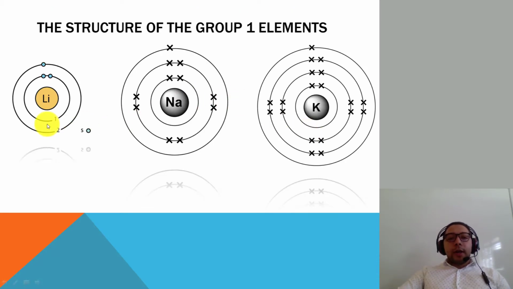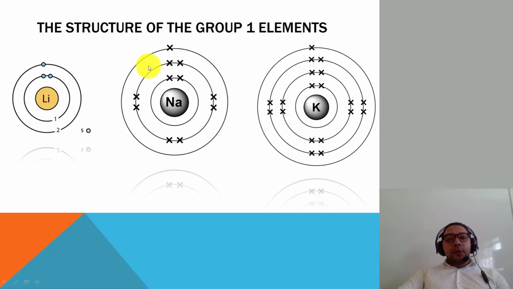That's the group 1 elements. We're starting with lithium, followed by sodium and potassium. As you go down the group, you can see that the atom size is increasing. Lithium, the first metal in group 1, has 2 energy levels.